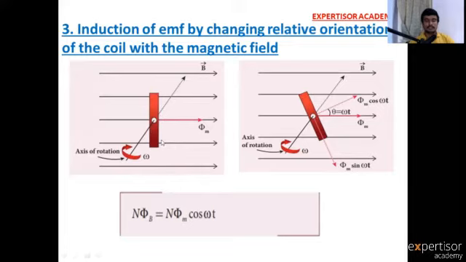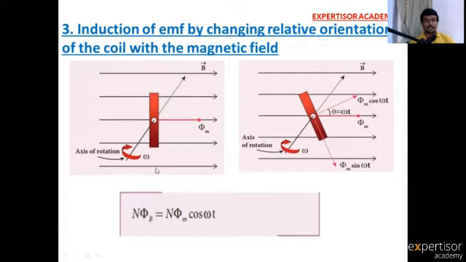The area of the coil is capital A. The magnetic flux generated here is phi, which is maximum, that is phi m.